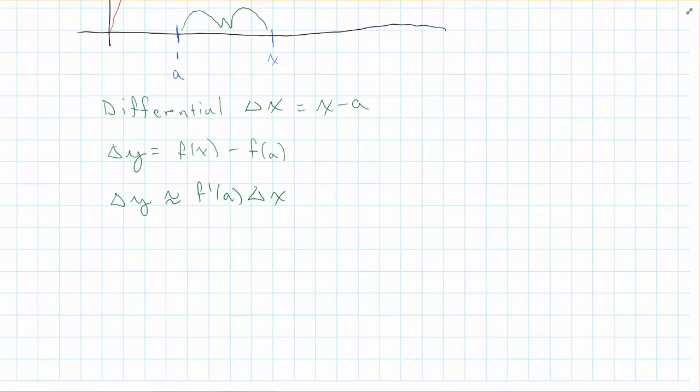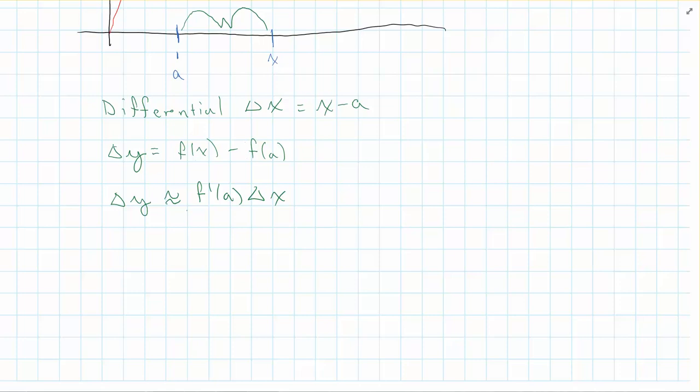Now, the real reason we're interested in this has more to do with solving differential equations. We approximate these things and then take a limit, and so we get exactly equals, and then we get an equation that we can solve called a differential equation.